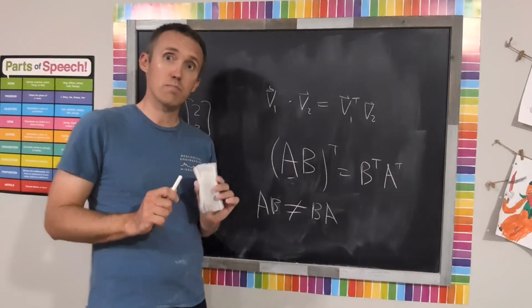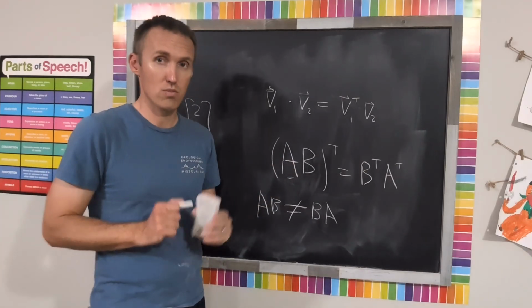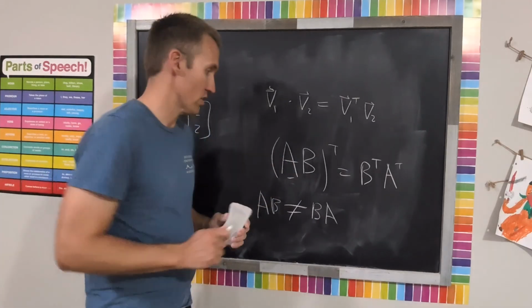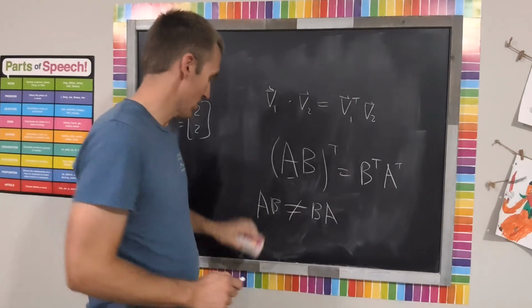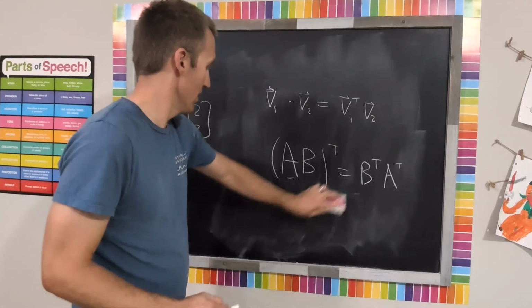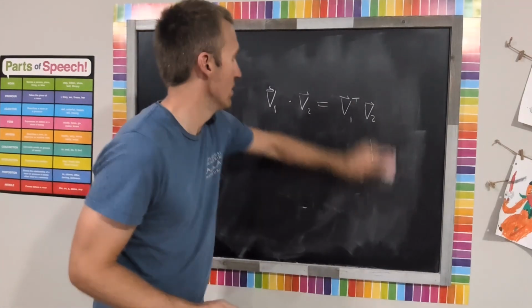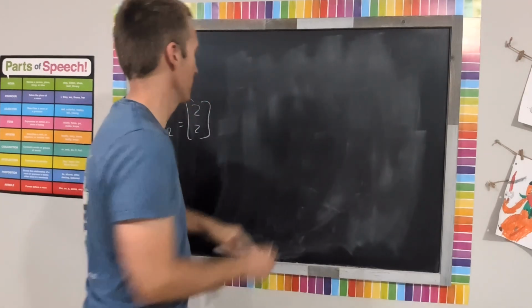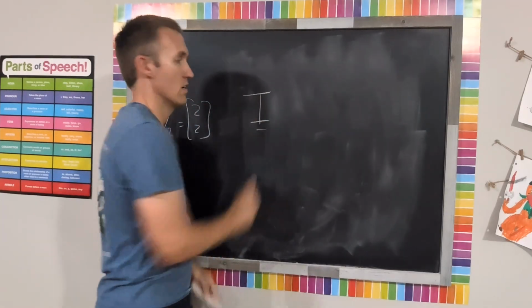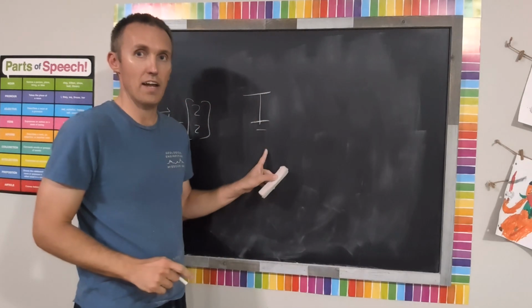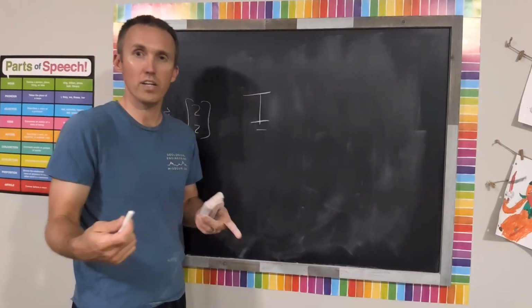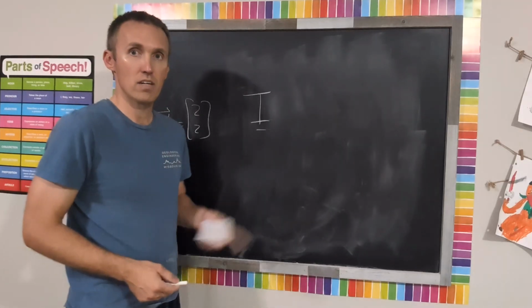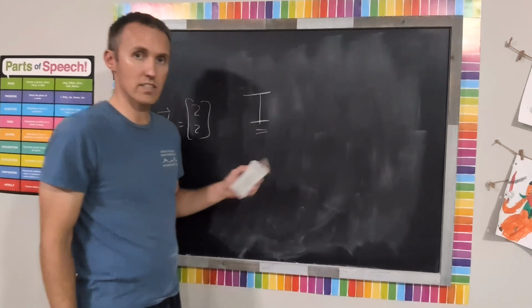Now there is one special matrix for which this will be the case, and that is a matrix which we call the identity matrix. So the identity matrix, we usually call that I. Sometimes you'll see it with the number 1, but normally I use I. So I should have 2 lines there for a matrix.